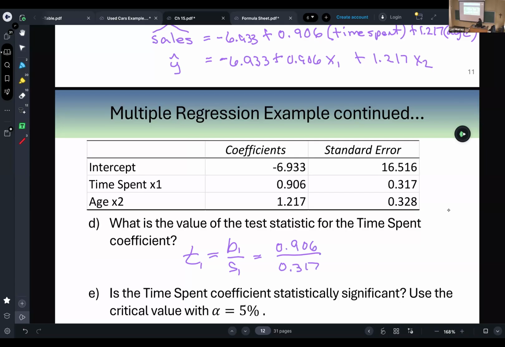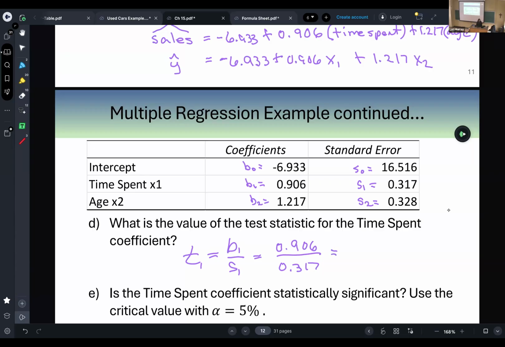That's the standard error. If you wanted to see it, this is B naught, B1, B2, and this is S naught, S1, S2. You want to get used to seeing them like that. The coefficients are the B's from the equation, and the standard errors are the S's. So we just plug that in, and we got the T.